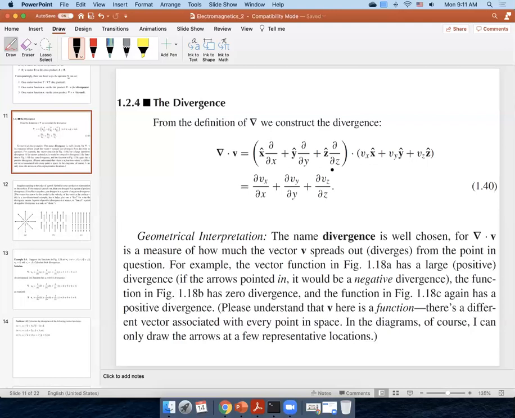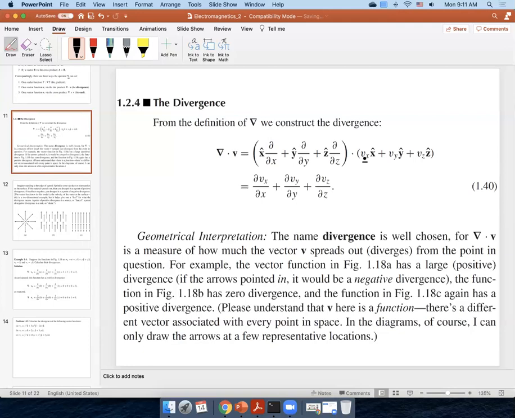Del is the operator shown here, and V is a vector function shown here. Notice that this function has three components: x component, y component, and z component. The x component is Vx. Let's keep in mind that Vx itself is a scalar function, and it's a function of x, y, z.